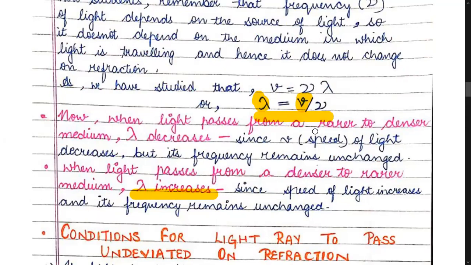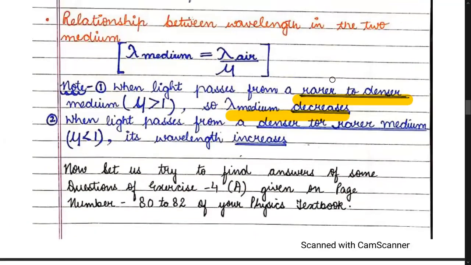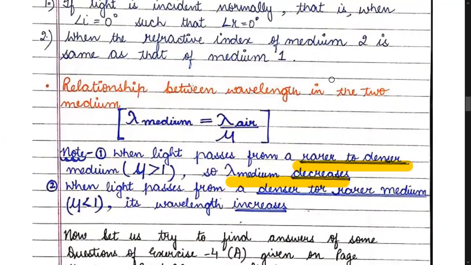So if velocity of light in a medium decreases, the wavelength of light in that medium will also decrease. And point 2 was, when light passes from a denser to rarer medium, the refractive index decreases, its speed increases, and thus the wavelength of light also increases.